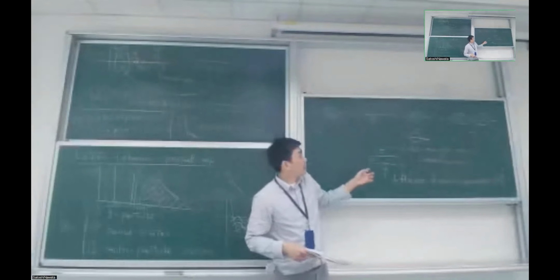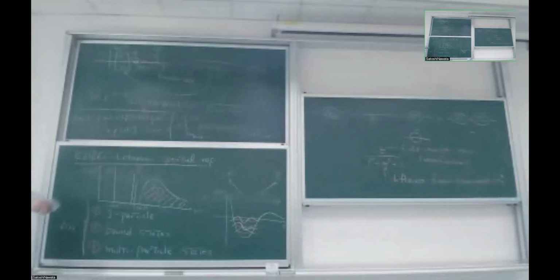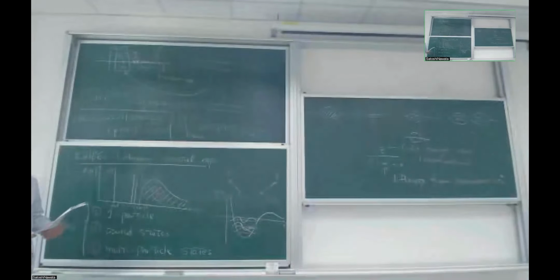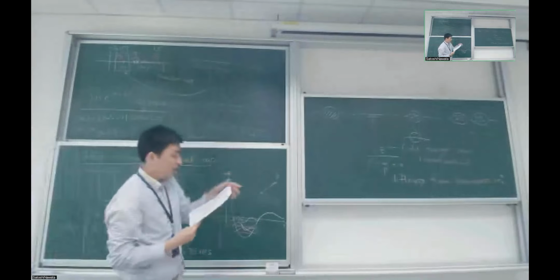But this Z naturally should appear in the transition amplitude from the vacuum to the one particle state, which is created by this operator phi. So this is called the Källén-Lehmann spectral representation of the two-point function.